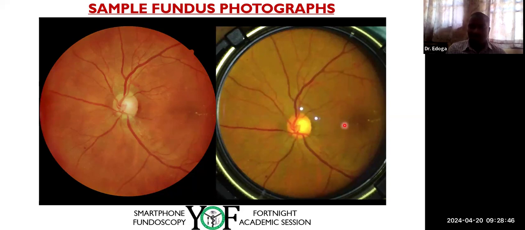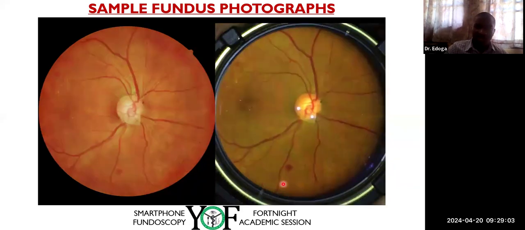by the smartphone of this particular patient. So you can see the exudates here. You can also see the blood hemorrhage. So this gives you an idea of what you can see. So this is another image. You can see a large blood hemorrhage here.